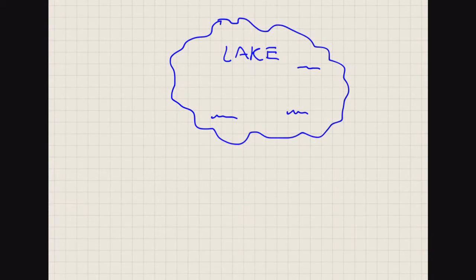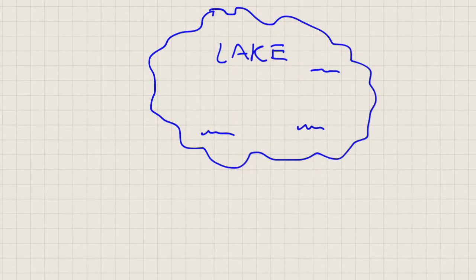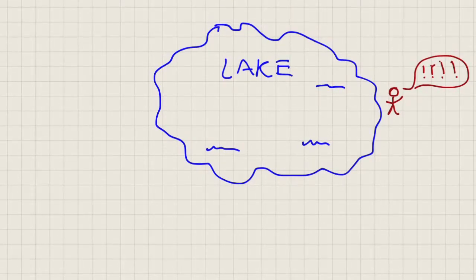And here's what's happening with the lake. There is a person that's stuck on the far side of the lake. They want to get to their cabin or their cottage, which is over here.